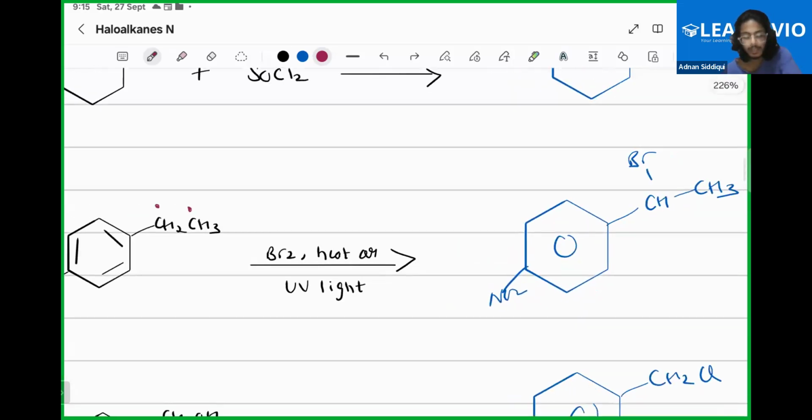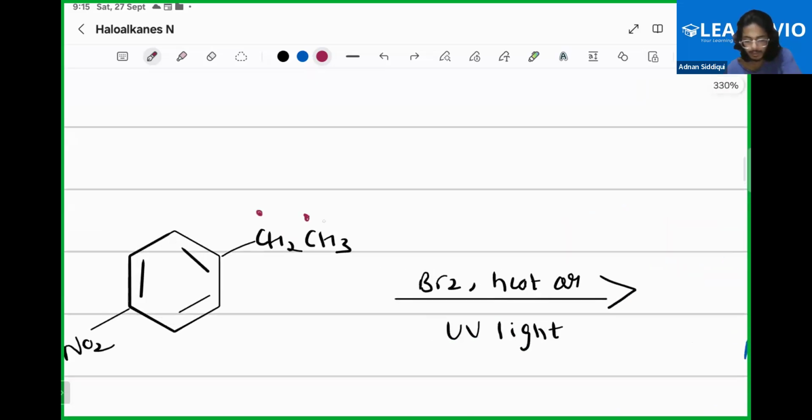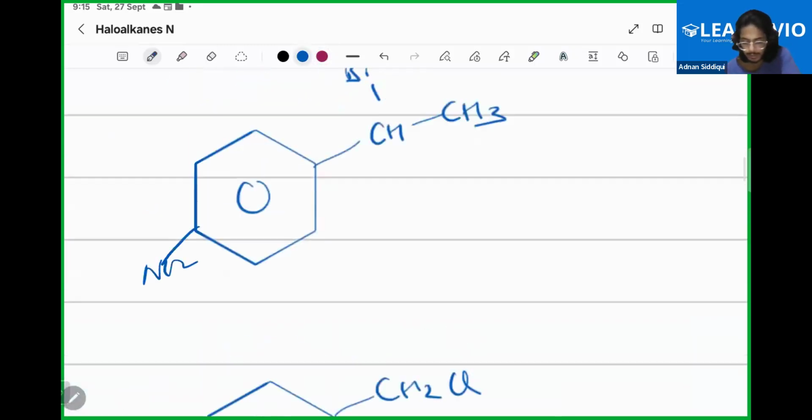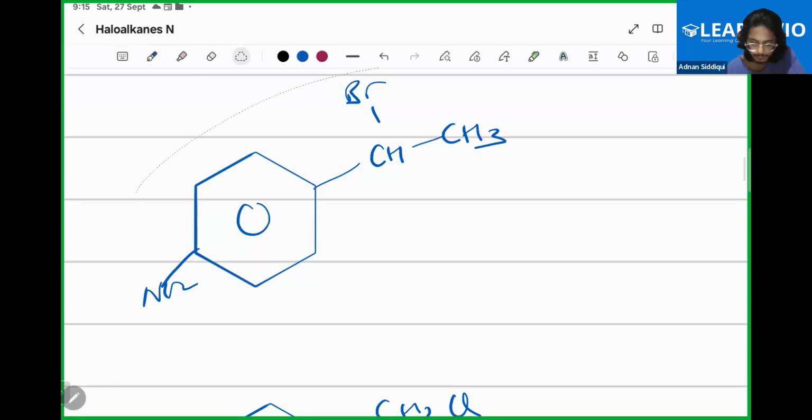And you might be wondering, why not attacking here? There are some chances that this will attack at that position, but that is not going to be your major product. Some concentration is going to be in the form of some of the product, you can see like this.